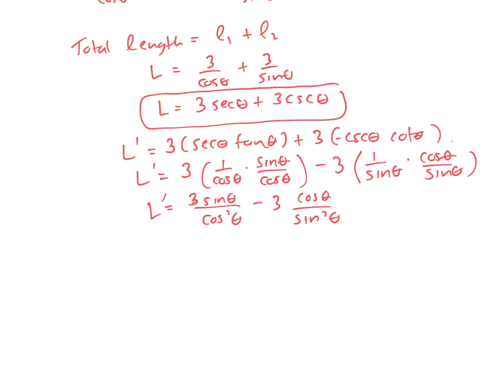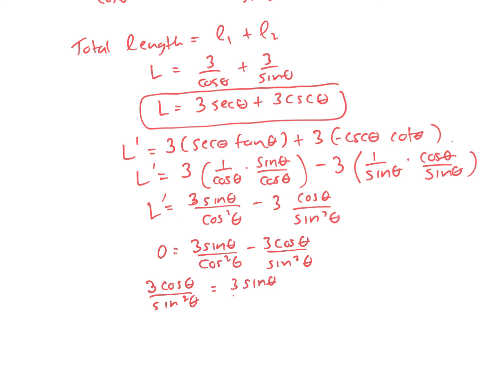Then we'll solve. So we set this equal to 0. Then I'll bring this negative term to the left. And then we'll cross multiply.